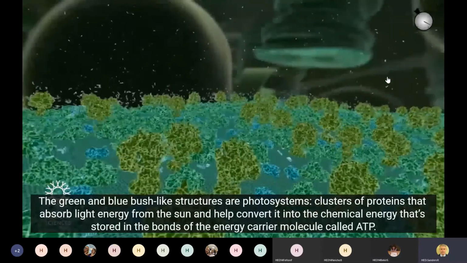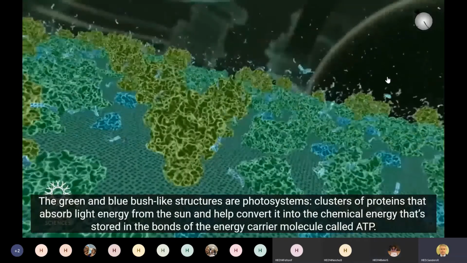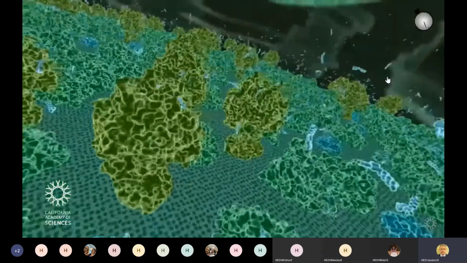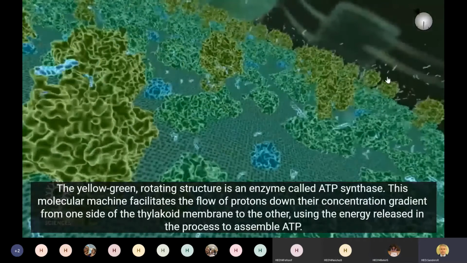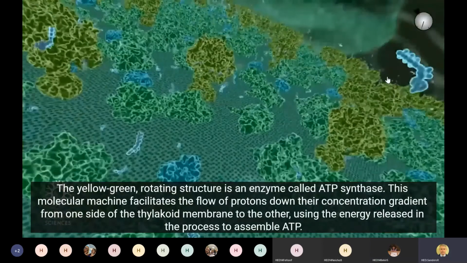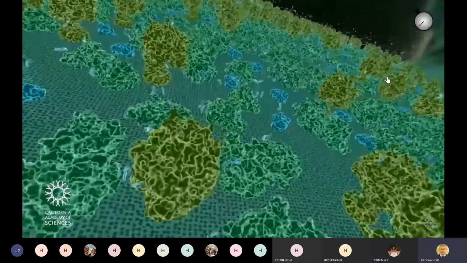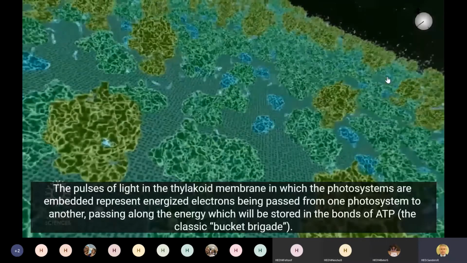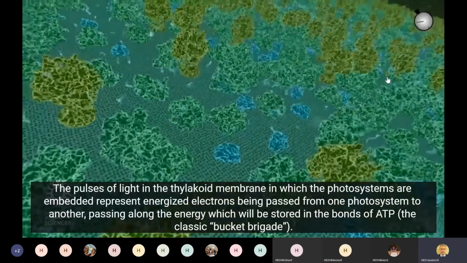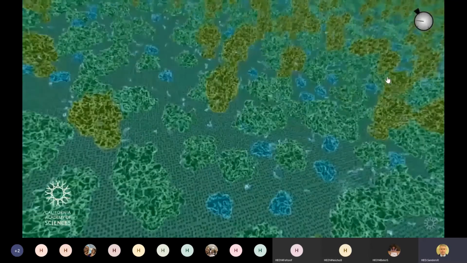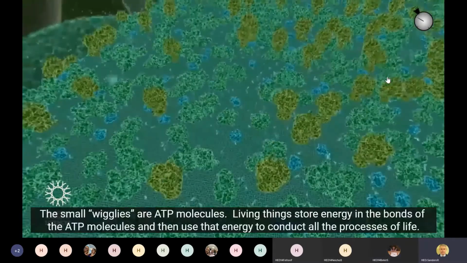Here we have a photosystem, a cluster of molecules that contain chlorophyll. And the rotating part is the enzyme that makes ATP. So this is about it. The little squiggling things are ATP molecules.